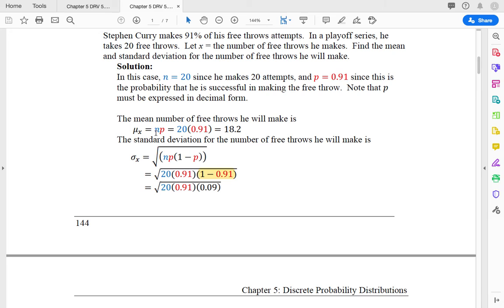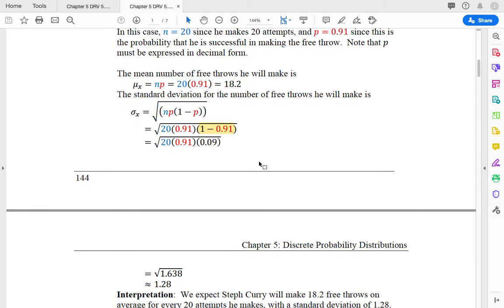Well, n is 20, which I've written in blue right here, and p is the probability that he makes any one single shot, that's 91%, or 0.91. When you multiply them together, you get 18.2, which means that we expect him to make about 18, probably. If he takes 20 free throws, he's probably going to make around 18. He might make 19, he might make 17, he might make all 20, but it's somewhere around 18.